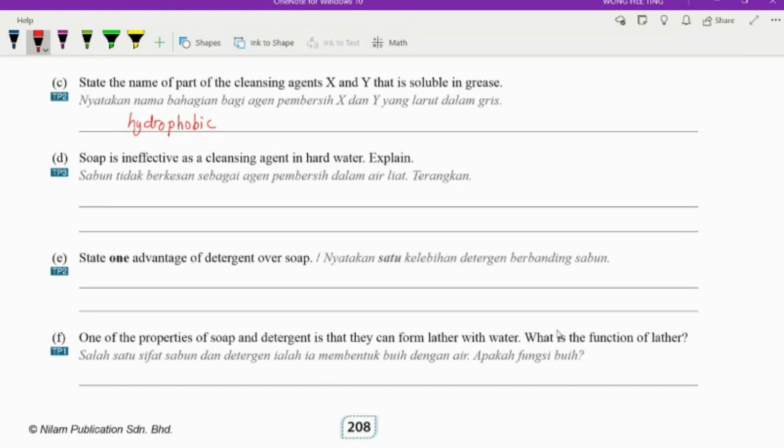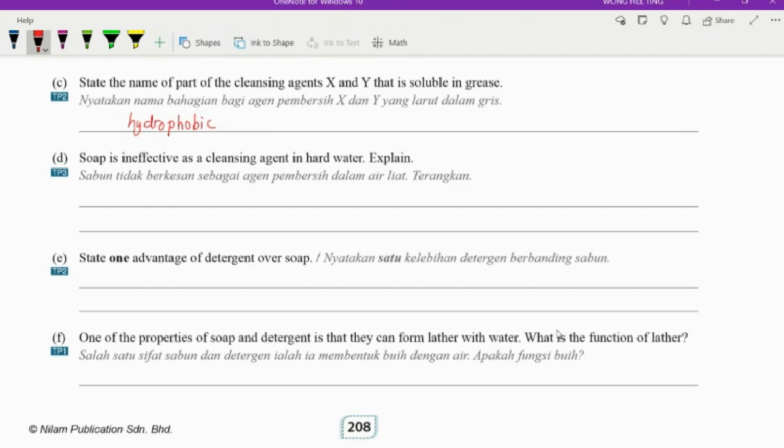Eddie, your answer here is higher solubility than salt in hot water. Solubility means salt is soluble in water. Detergent is also soluble.